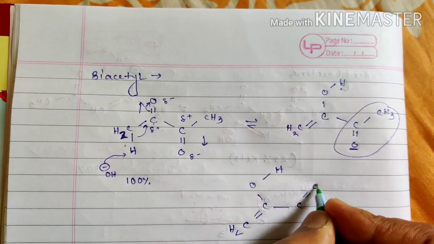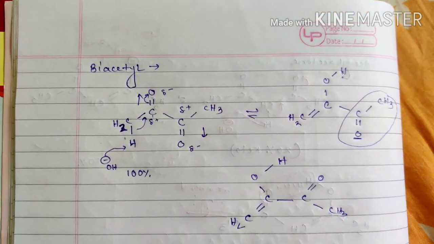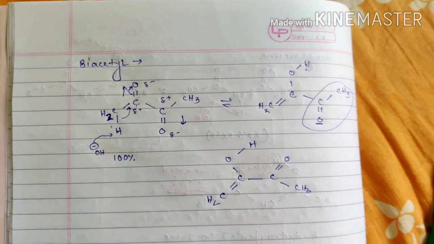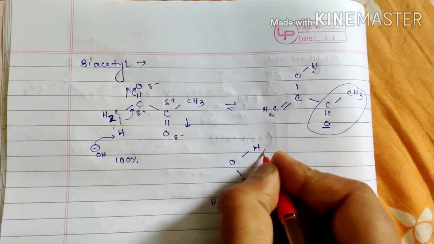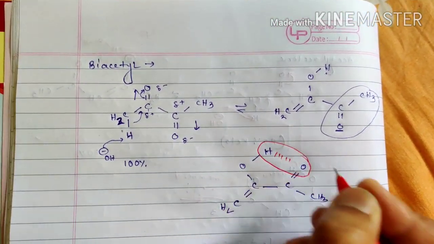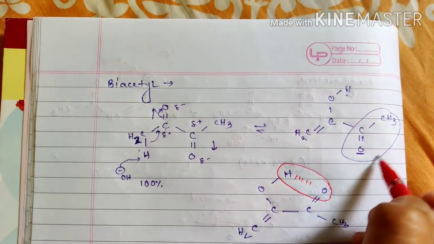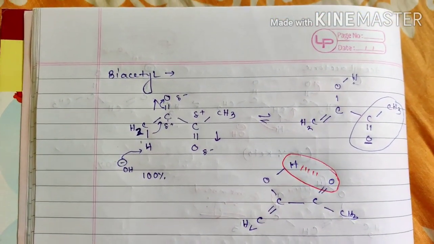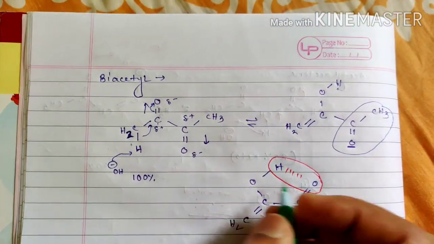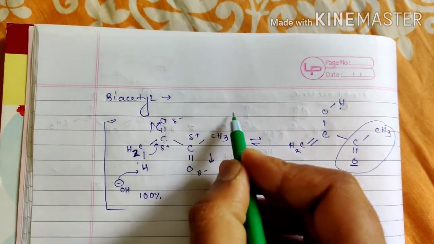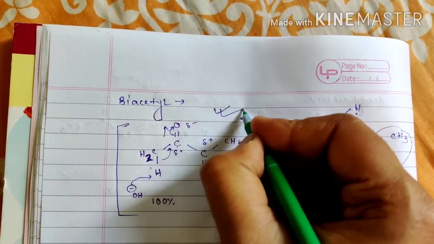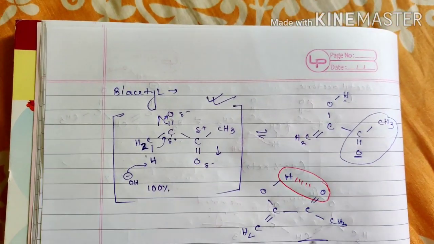So it forms C double bond O CH3. Then only the hydrogen bonding is possible. But the rotation of this is found to be a comparatively difficult process. So they rather would like to be stable in this condition only, not in this condition.